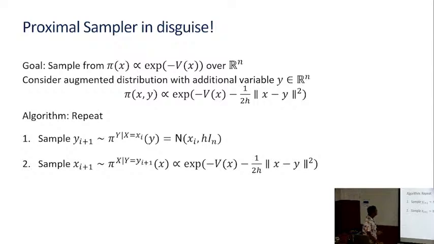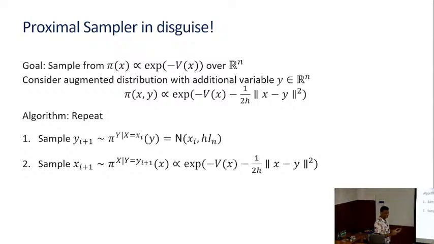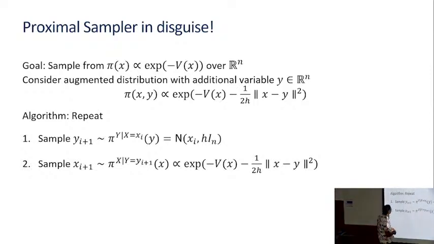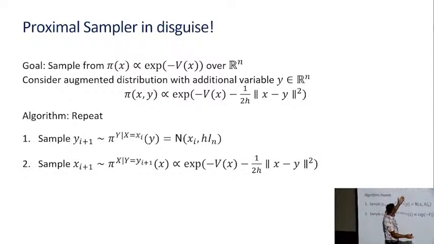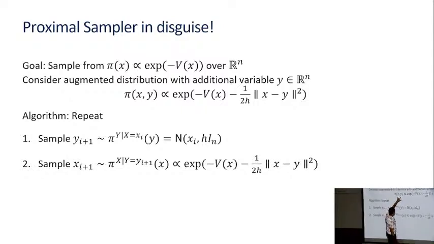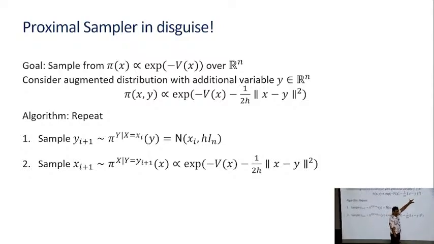Okay, so that's the algorithm. Now, where is this coming from? Why this 2-step process? It's easy to verify once I told you the algorithm that the distribution is correct, but it's actually coming from what's called a proximal sampler. You're interested in the distribution on X, but I'm going to augment it with an additional point Y, again in n dimensions, so that the joint distribution looks like the original distribution times a Gaussian.